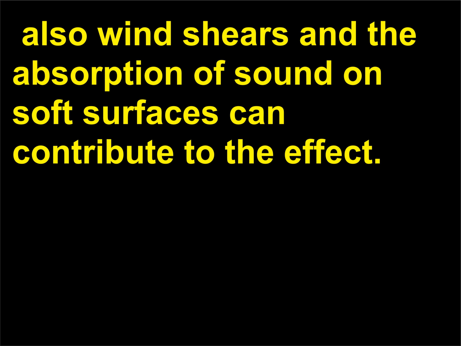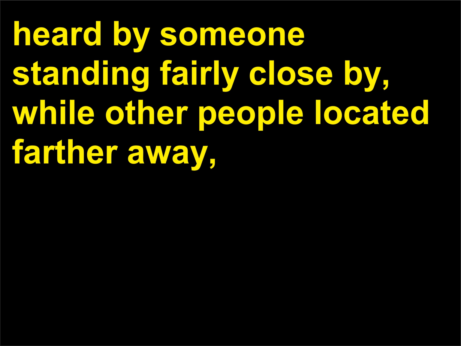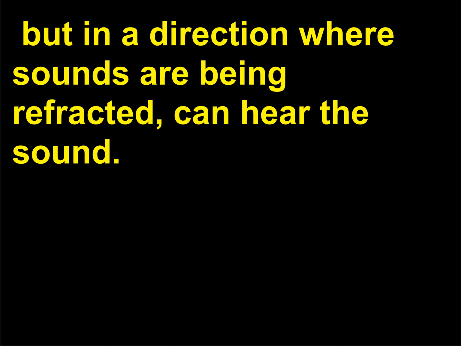Also, wind shears and the absorption of sound on soft surfaces can contribute to the effect. The result can be that sounds coming from a particular source might not be heard by someone standing fairly close by, while other people located farther away, but in a direction where sounds are being refracted, can hear the sound.